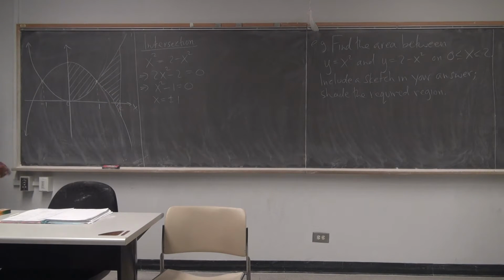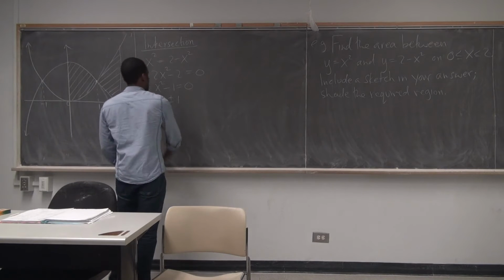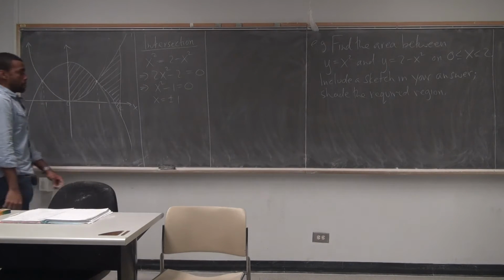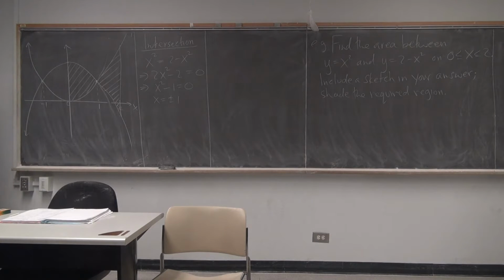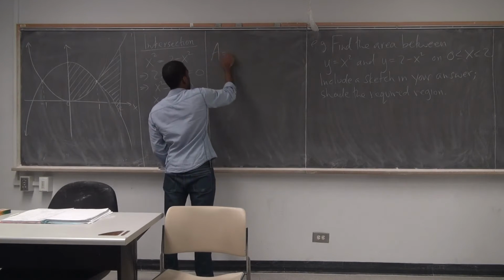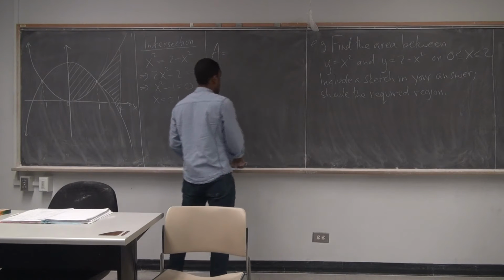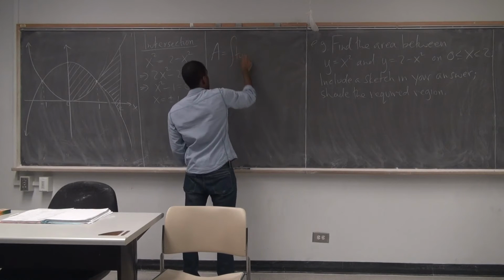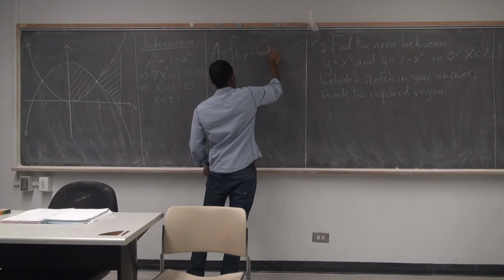There are 2 sections to this area that I just asked you to find. Now what? So the area is going to be what? Sure, it's the integral of top minus bottom, so what does that mean here?